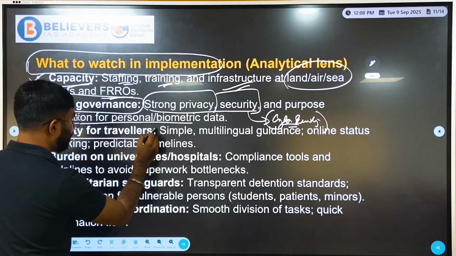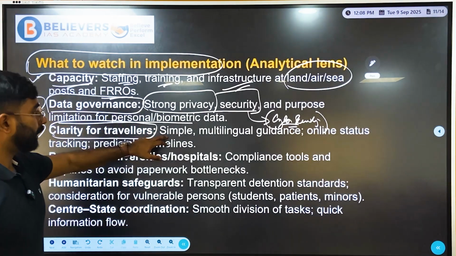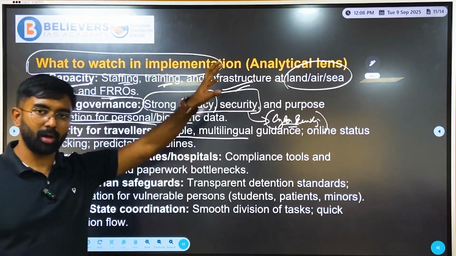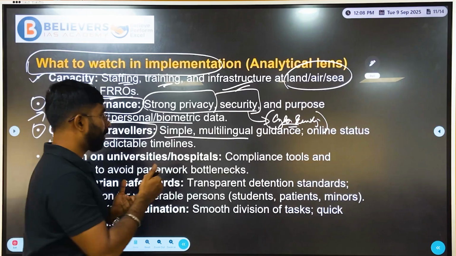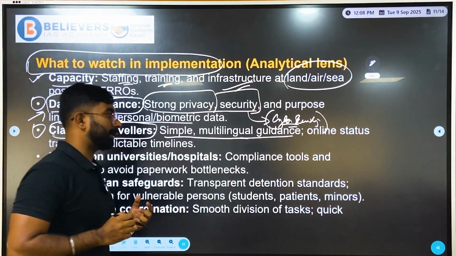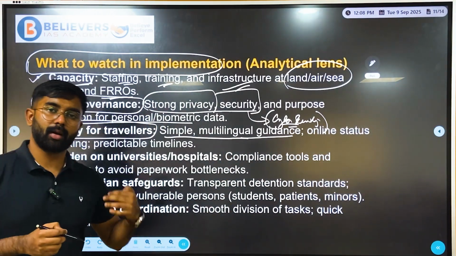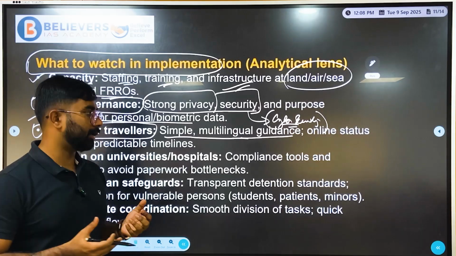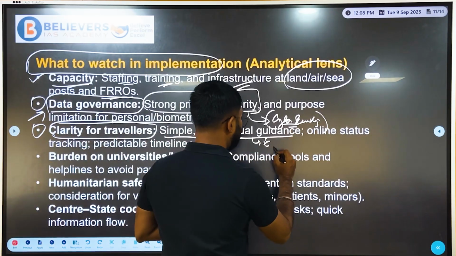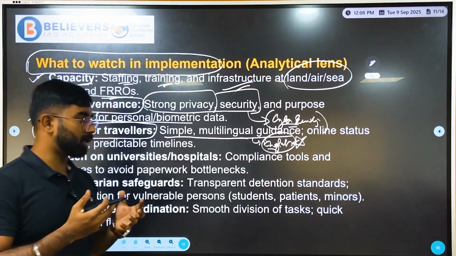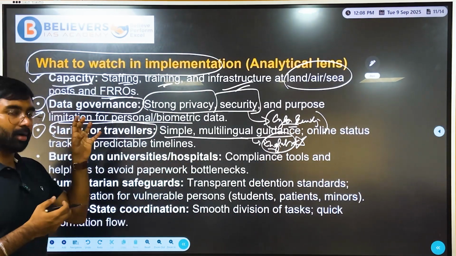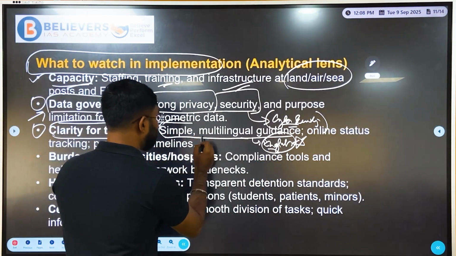Followed by clarity for travelers, which means it has to be simple and multilingual, because with all of these new procedures or the new act, whatever we're trying to bring, it has to be made sure that it is multilingual, because a foreigner who's entering India doesn't necessarily know English, right? So all the modules or provisions with respect to the act have to be made simple.